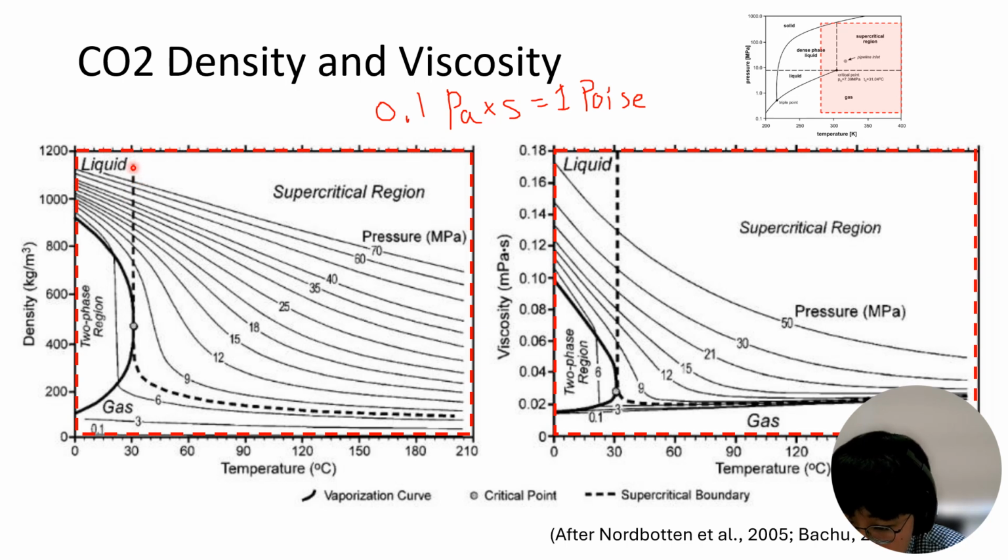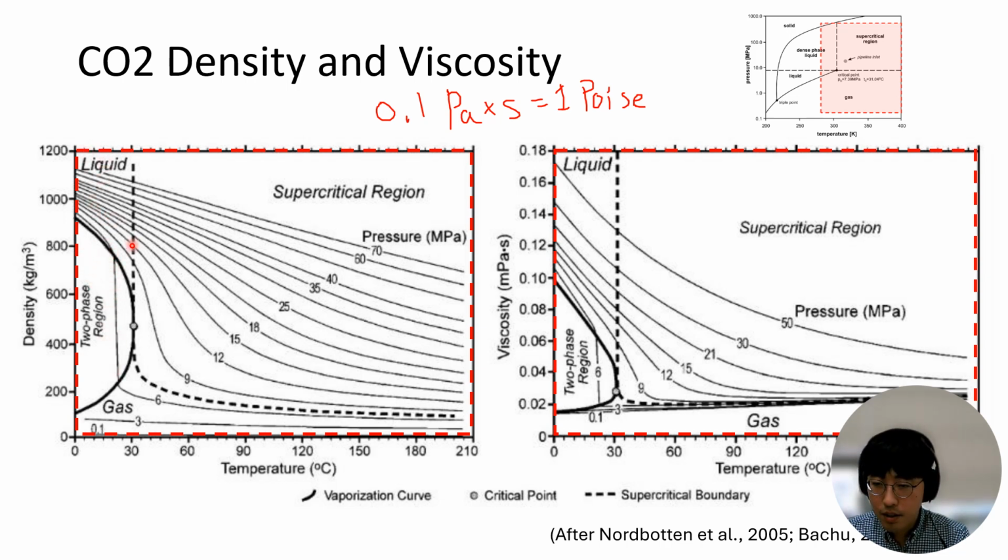And from this dashed line, we have a split of 4 different regions. Anything on the right of this dashed line means the CO2 is in the supercritical state. And here we have a two-phase region, where anything in between these two indicates the CO2 can exist either as liquid or gas. So they are coexisting, and that's why the density is somewhere between these two values.